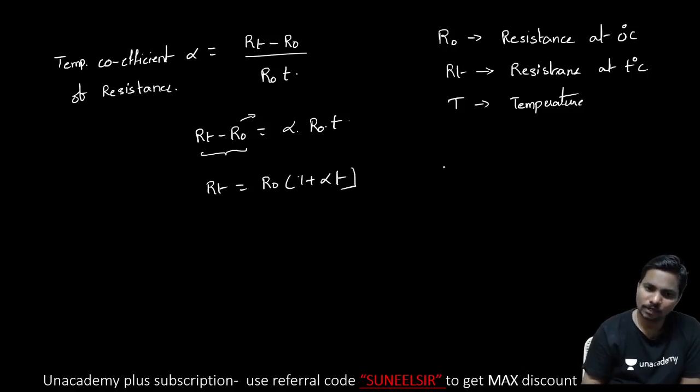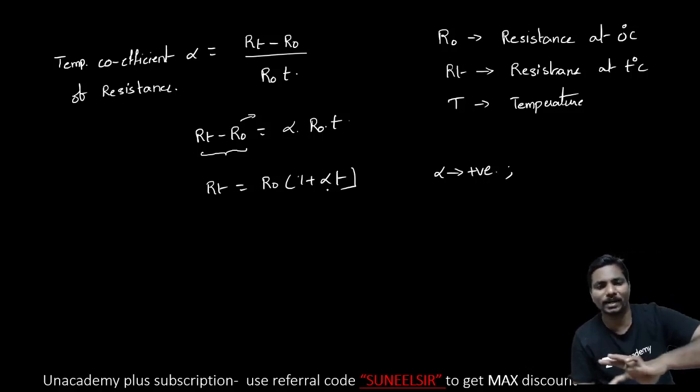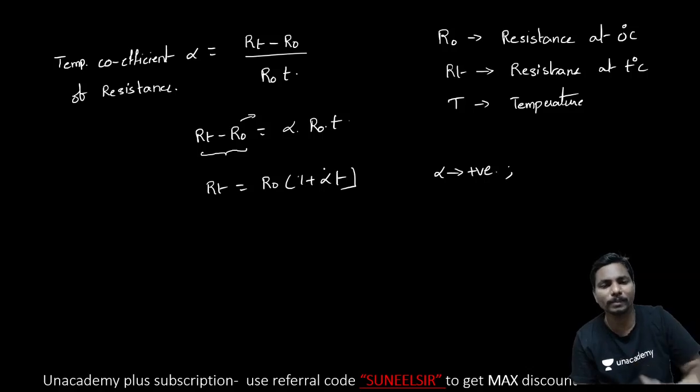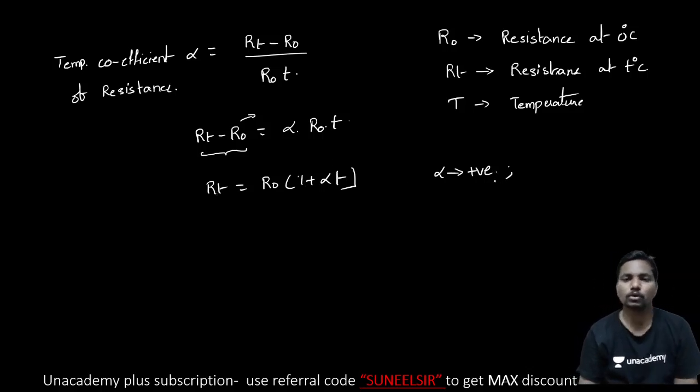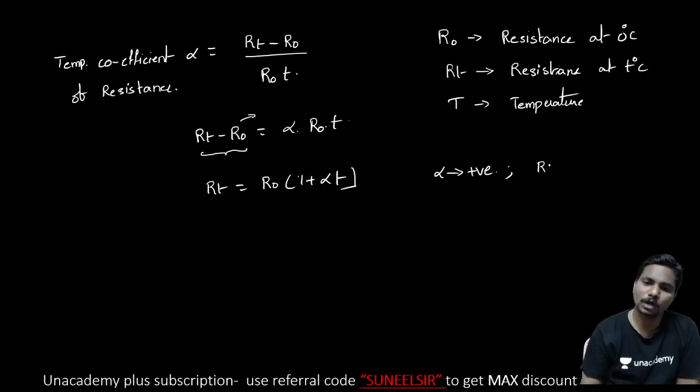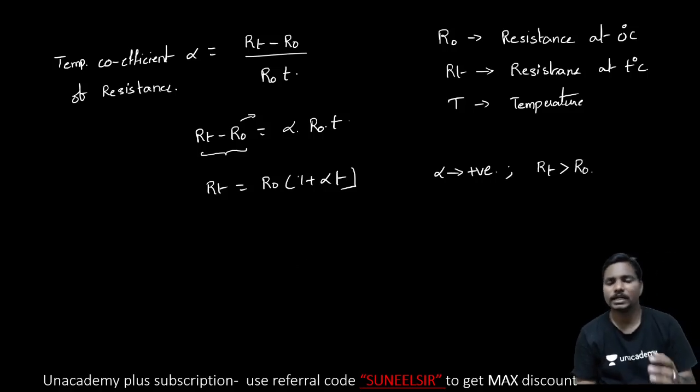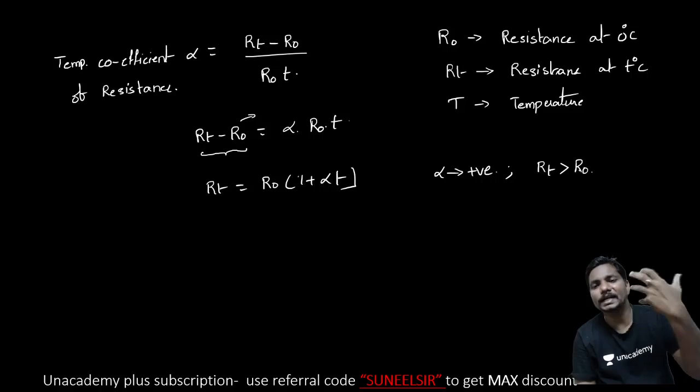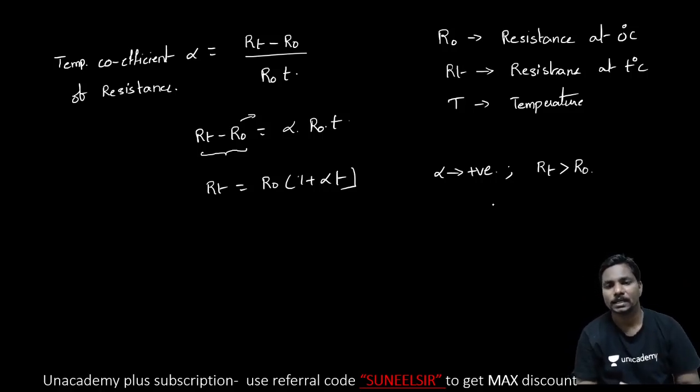Here, if the alpha is positive, then you will get 1 plus some positive value, so more than 1. More than 1 means RT is higher. So if alpha is positive, RT is greater than R naught. That means resistance at T degree centigrade is greater than at 0 degree centigrade. As the temperature is high, resistance is also high.